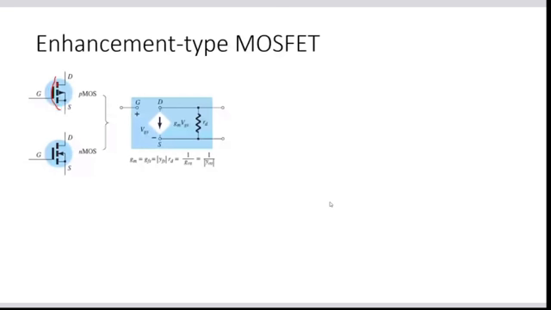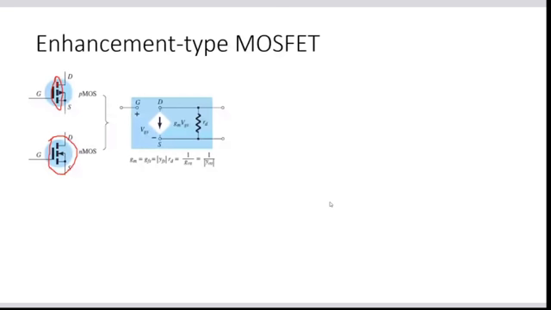For everything there is a reason, but let's not go deep into that. Make sure you draw the proper symbol while writing. Here it is broken, and this is the NMOS enhancement type E MOSFET, and this is the PMOS E MOSFET.